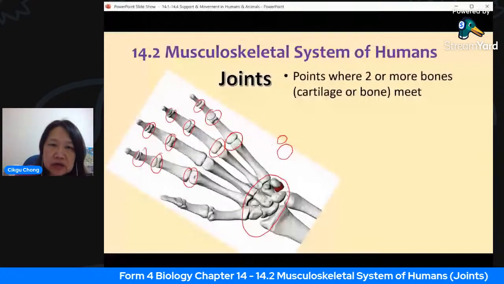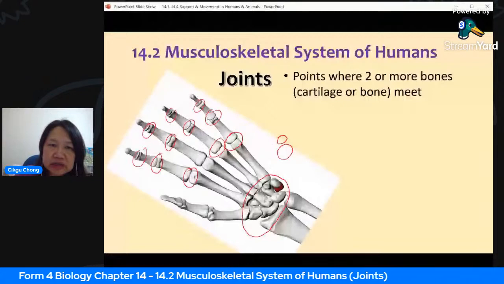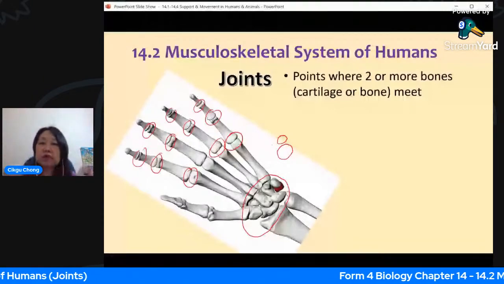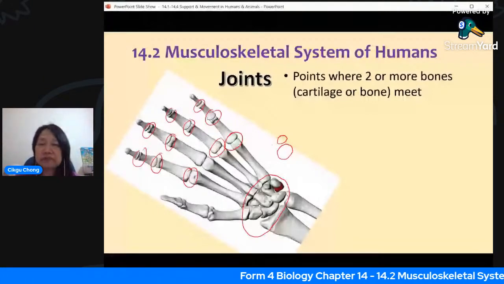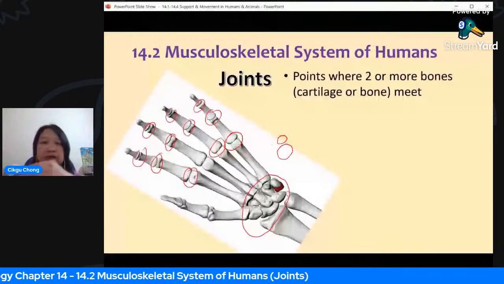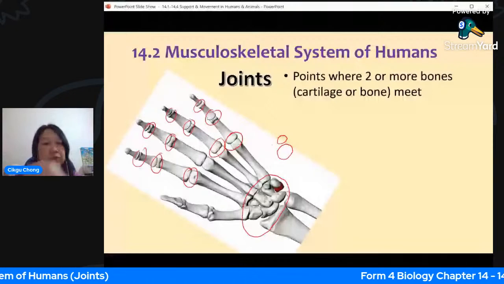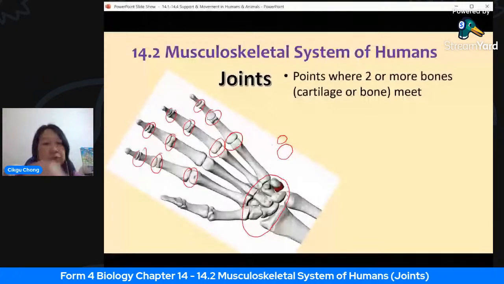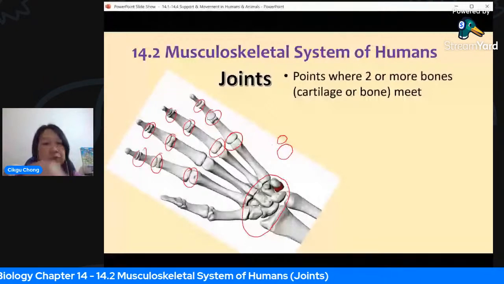This is one piece of bone, then you have another piece, and another piece. So it could be more than one bone that the bone is joining up to. As long as you have a minimum of two bones which meet, the bone can be cartilage or bone. Cartilage is actually soft bone.